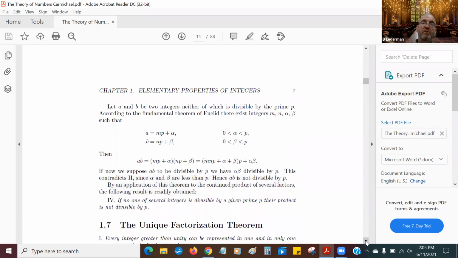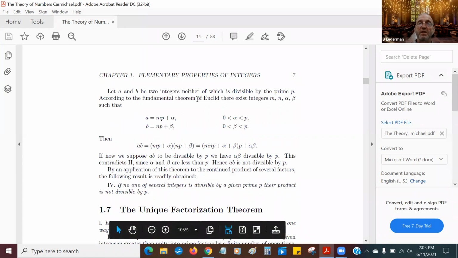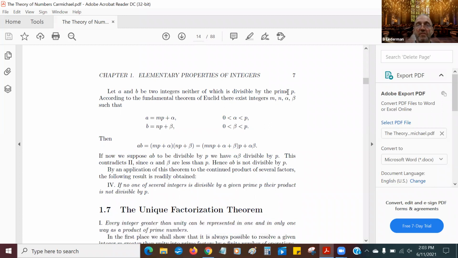So we're going to let a and b be the two integers, neither of which is divisible by the prime p. According to the fundamental theorem of Euclid, which we just did in the previous section, there are integers m, n, alpha, and beta.